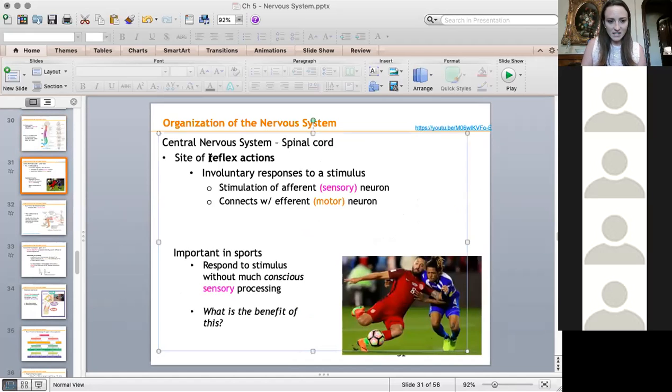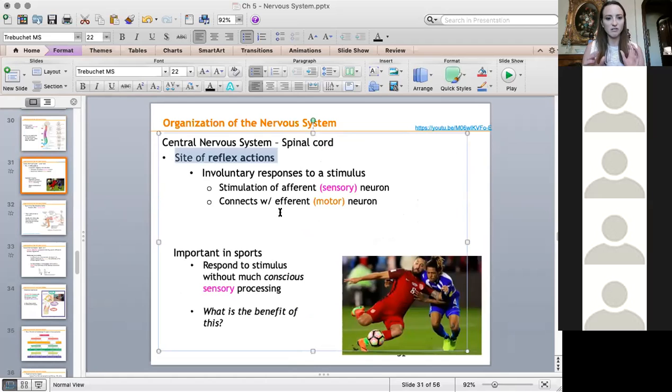And where does it say that? It says it right here. So the spinal cord is the site of our reflex actions. Knowing that it is important in sports, we talked about how the more trained you are, so higher functioning athletes, they don't have to send signals to their brain. They can process them more centrally at the spinal cord.